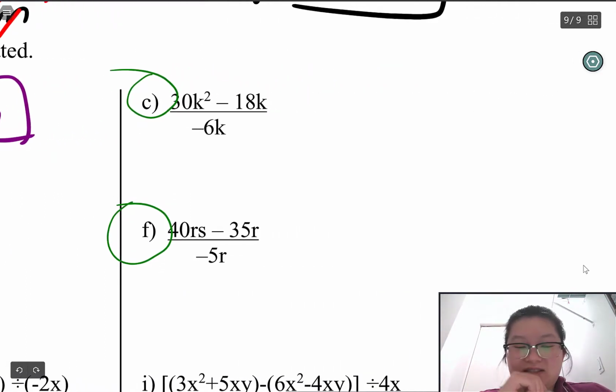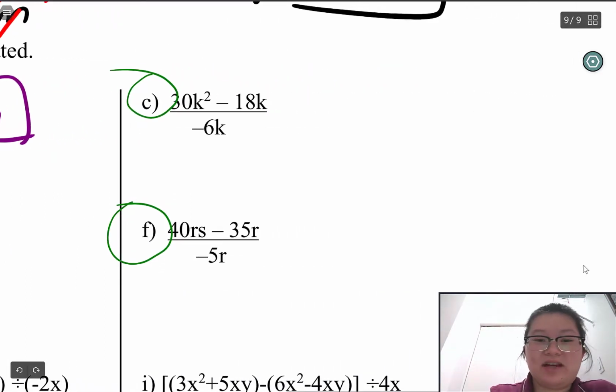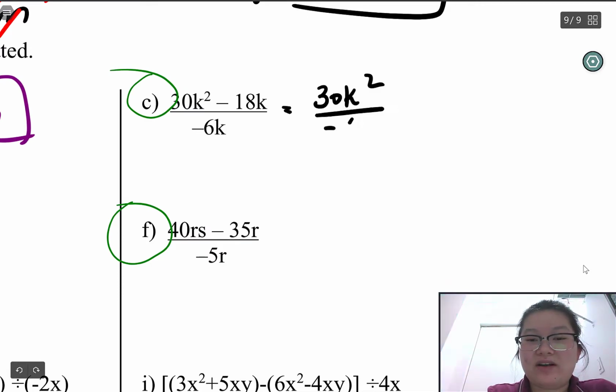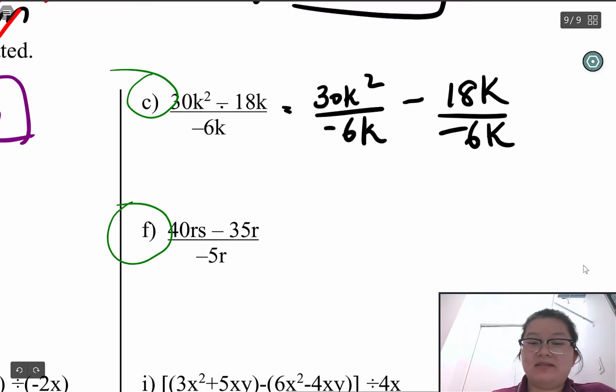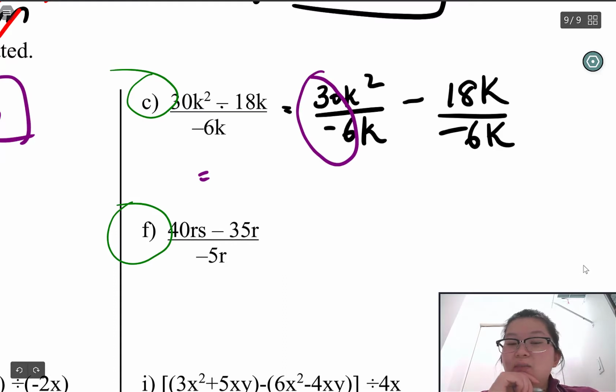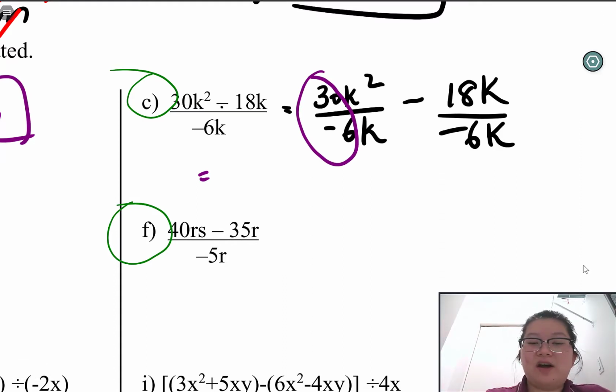Okay, next one is C. If I have to rewrite this out, I'm going to get 30k squared over negative 6k, and I'm going to keep that negative sign, minus 18k divided by negative 6k. When I solve this, the top number to number, 30 divided by negative 6 gives me negative 5.